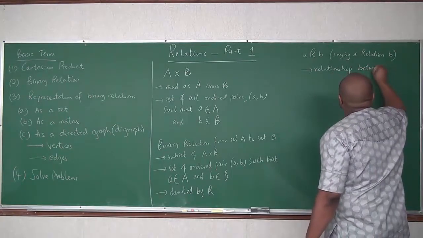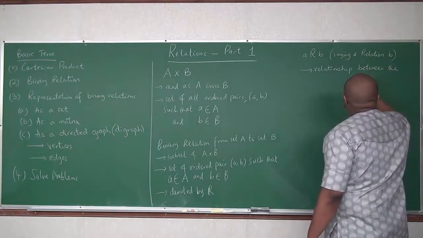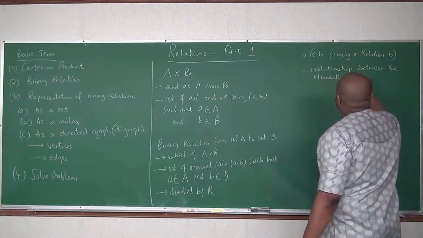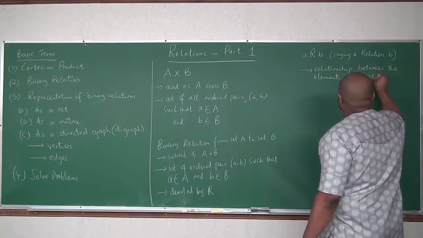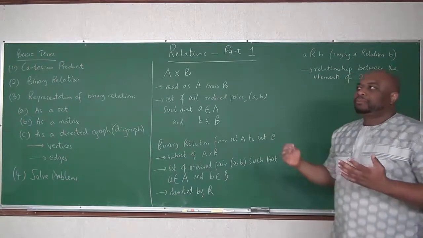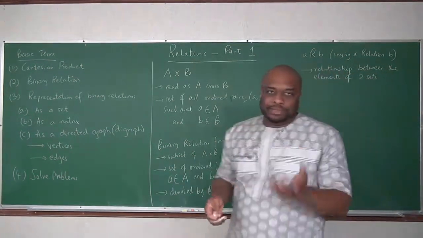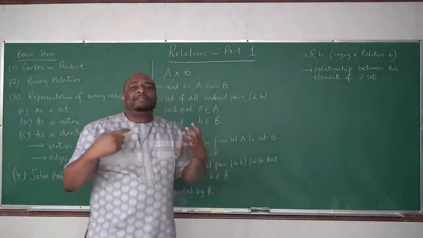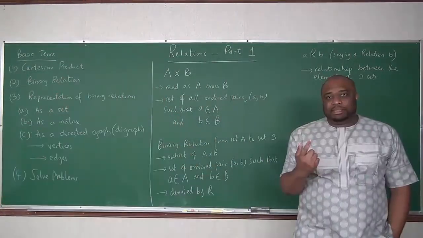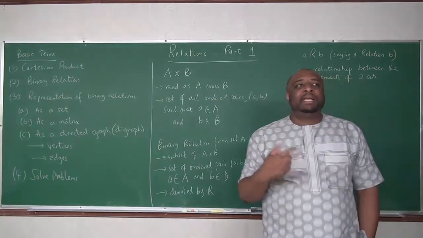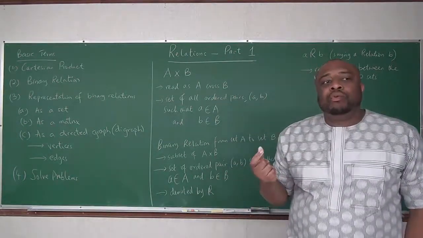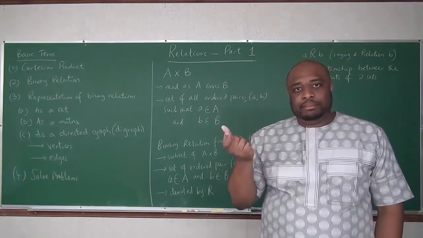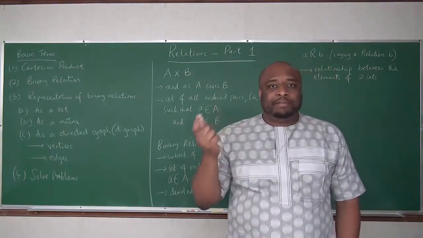Now, sometimes we might not have two sets. Sometimes we might just have a set. So we could actually say a relationship between two elements of a set. We could also have that.